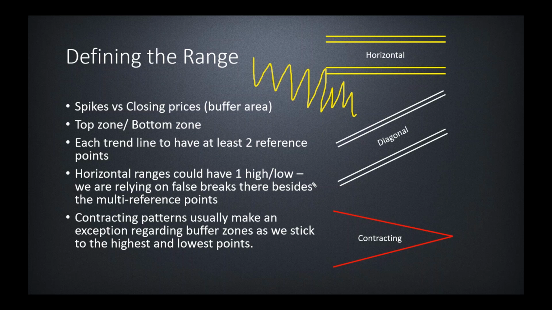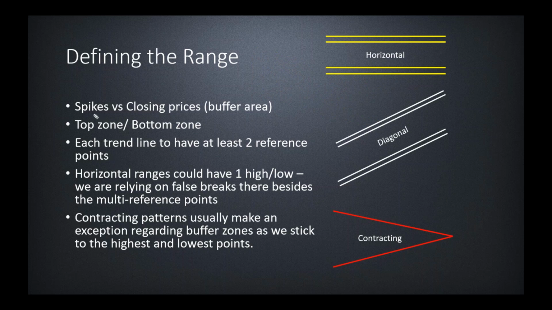And this is the first thing that we need to understand when it comes to ranges, because if you're looking for perfection, you're probably going to end up with one trade a month if you're lucky. Okay? You're going to have spikes, you're going to have closing prices, you're going to have new spikes, you're going to have clearance zones, you're going to have different things when it comes to ranges.